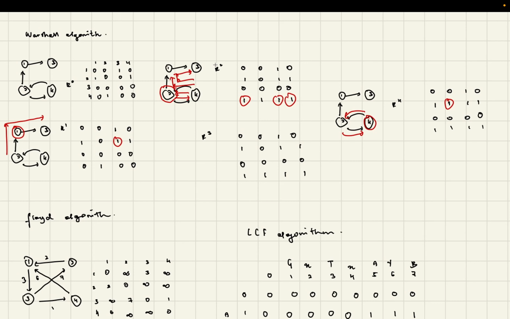And then for node 2 in the middle, we can see 4 can go to 1 through node 2, and also 4 can go to node 3 by using node 2, and then 4 can go to itself by using 2 in the middle, so 4 to 2, 2 to 4.